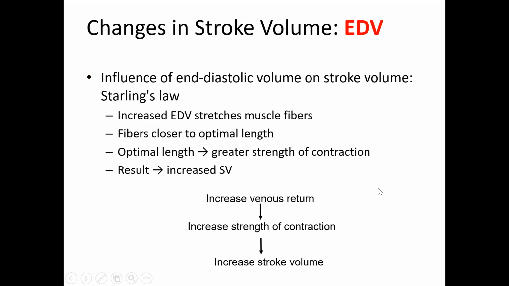Let's talk about the second factor that influences stroke volume. That's our end diastolic volume. That's how much the heart fills at the end of diastole. And so this brings into our interest the Starling's law.